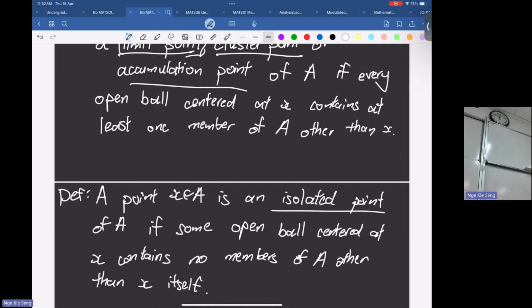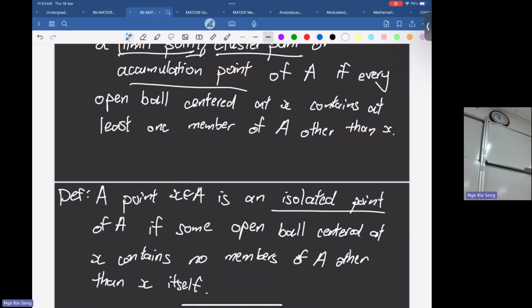They are actually equivalent. If you want to talk about sequences, from here you can build a sequence. You have one ball, there's one member other than X. Pick that one as a term in your sequence. Make a smaller ball. Pick another one. Make a smaller ball. Pick another one. So form this sequence and then show that this sequence actually converges in your sense.